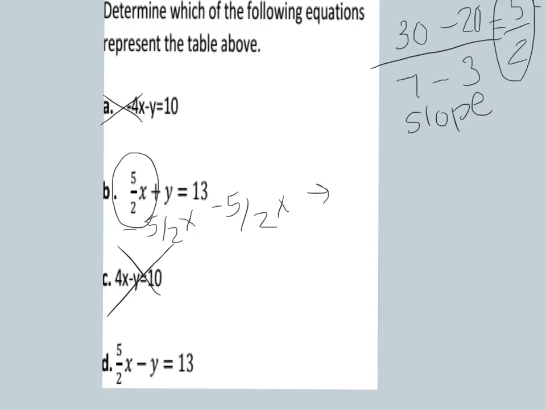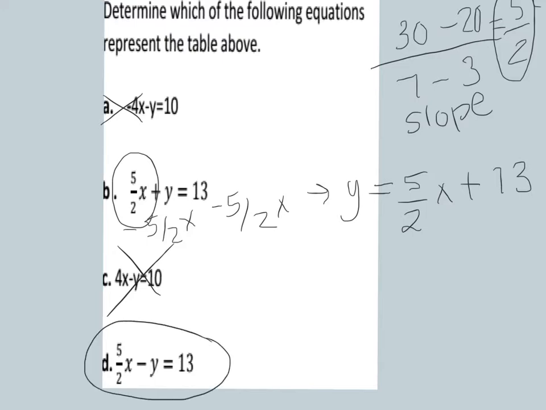When you're done, you should get y equals negative 5 halves x plus 13. Well, this has a slope of negative 5 halves. However, we need to make sure that D does not work. So now I want you to take your pencil and I want you to write 5 halves x minus y equals 13. So we're going to try to do that one.